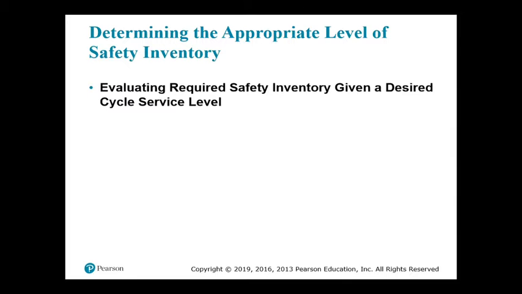What we just did is, given a specified safety inventory level, we evaluate the resulting service level. We can also do the reverse, which is usually what happens in practice. We are given that I want to be able to satisfy customer demand 95% on average. Then, in order to achieve that, what is the desired safety inventory? So we're going to reverse that process.